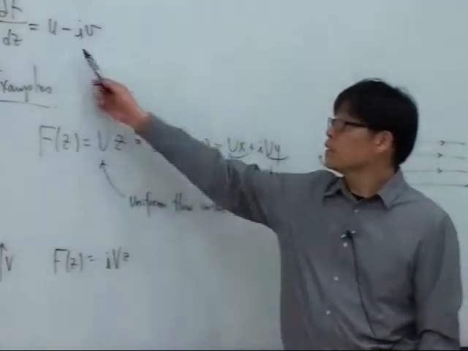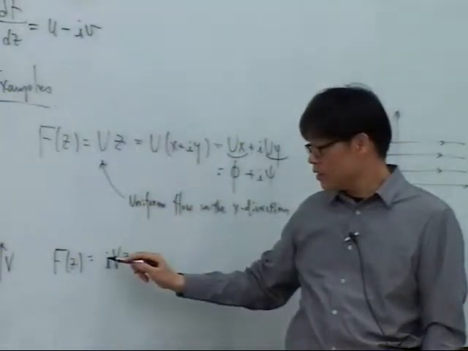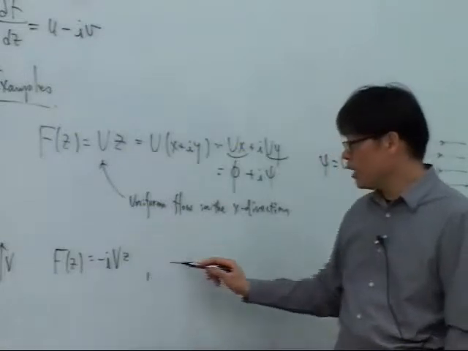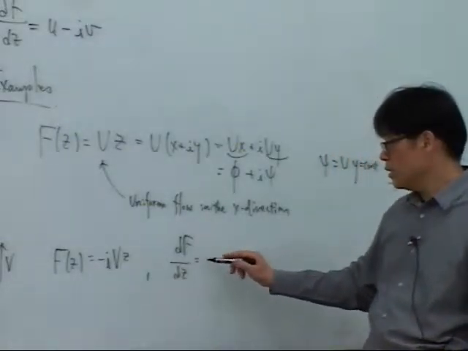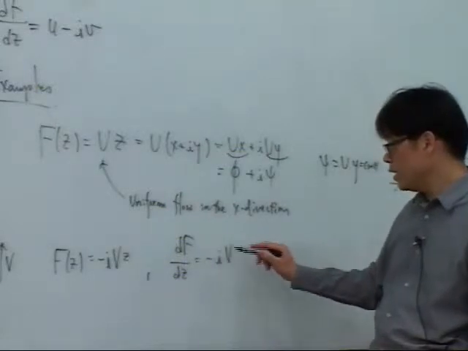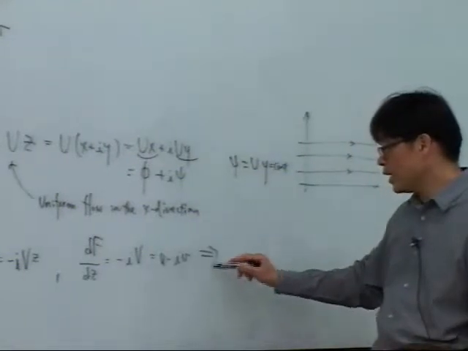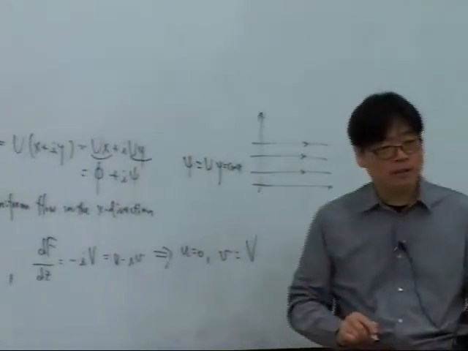And then instead of having u plus iv, I have u minus iv, so I should get a negative sign there. Then my df/dz is minus iV. Since this represents u minus iv, from here I can see u is identically 0, v is capital V.